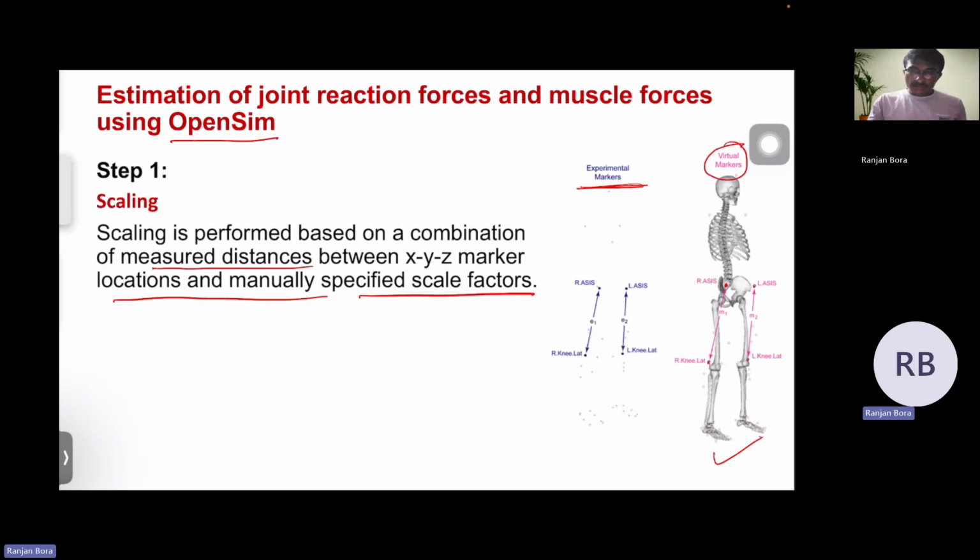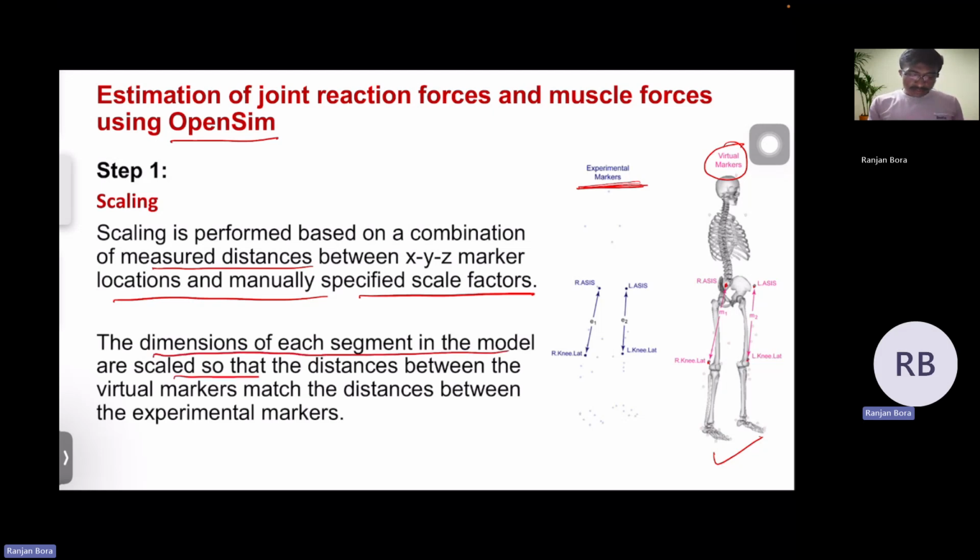This figure is from OpenSim software, and these are the experimental markers. These markers are placed in the gait laboratory for the measurement of different length parameters in the musculoskeletal model. And this measurement data is used for scaling. The dimensions of each segment in the model are scaled so that the distances between the virtual markers match the distances between the experimental markers. Okay, this was the first step in which we do the scaling.